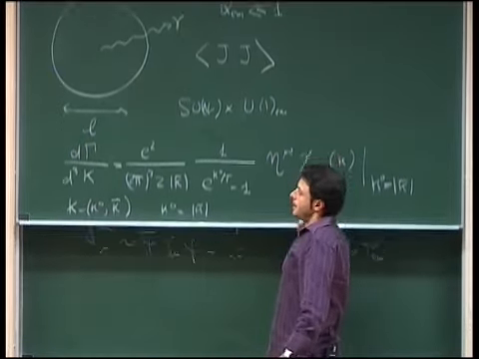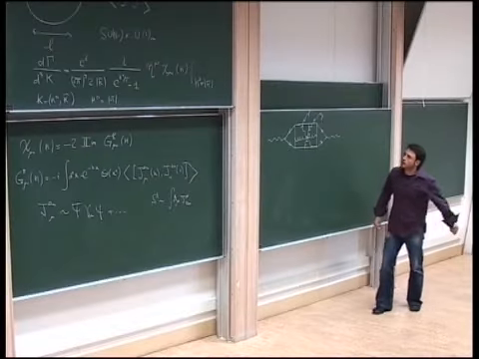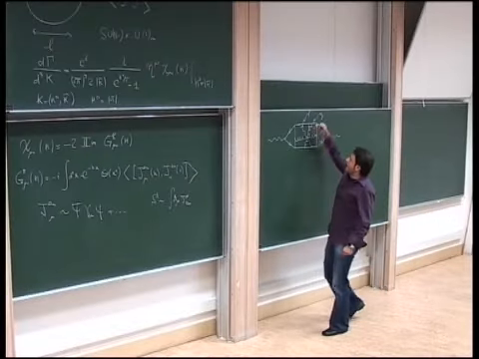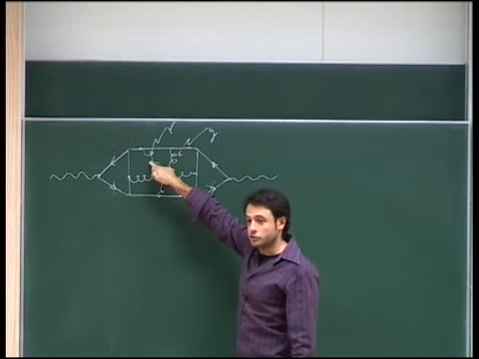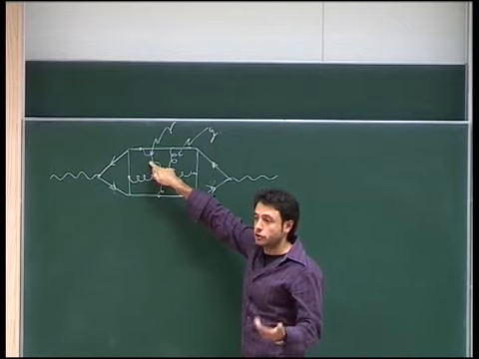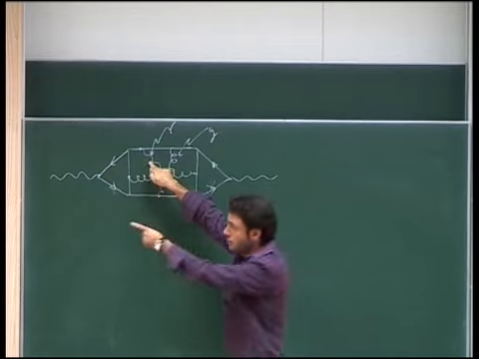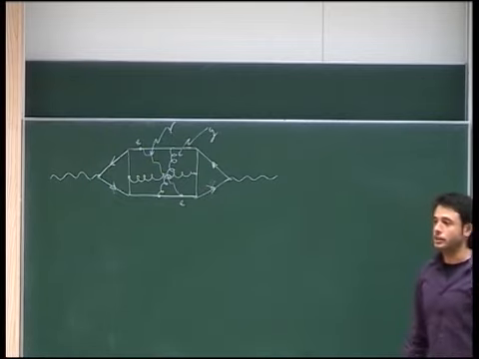Why? Because in this diagram, if you have not just gluons, but photons running inside the diagram, in the loops, that will lead to higher order terms in e, because each vertex comes with an extra power of e.